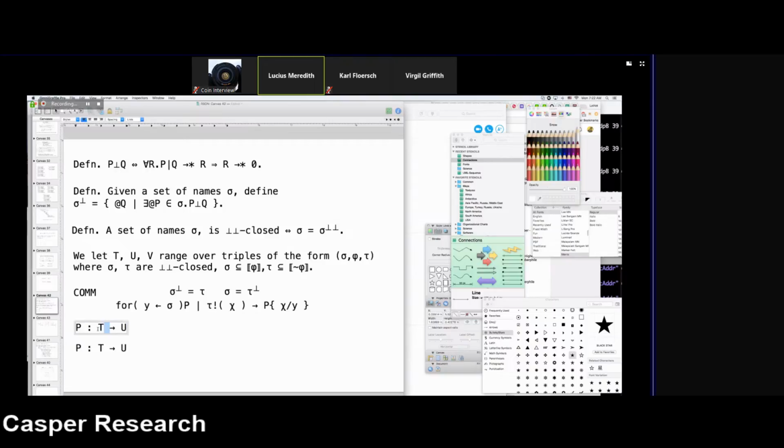Okay, so we define T to U to be essentially, sorry, this should range over sets of triples.